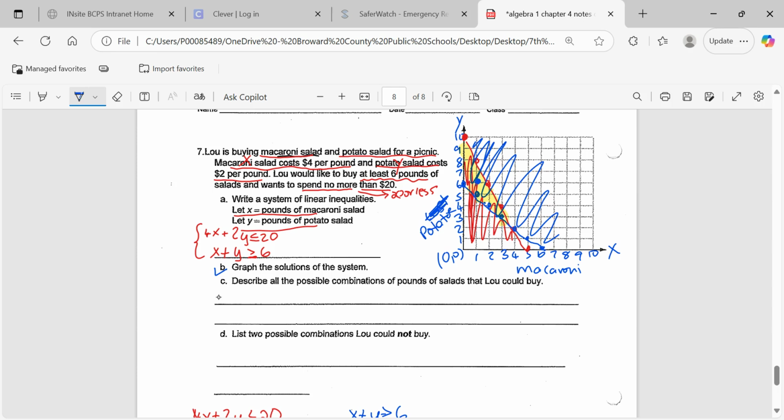Then I need to say I can buy 1 pound macaroni and 6 pounds of potato salad. That's one. Another one I could do is 2 pounds of macaroni, and if I do 2 pounds of macaroni, I could do 5 pounds of potato.